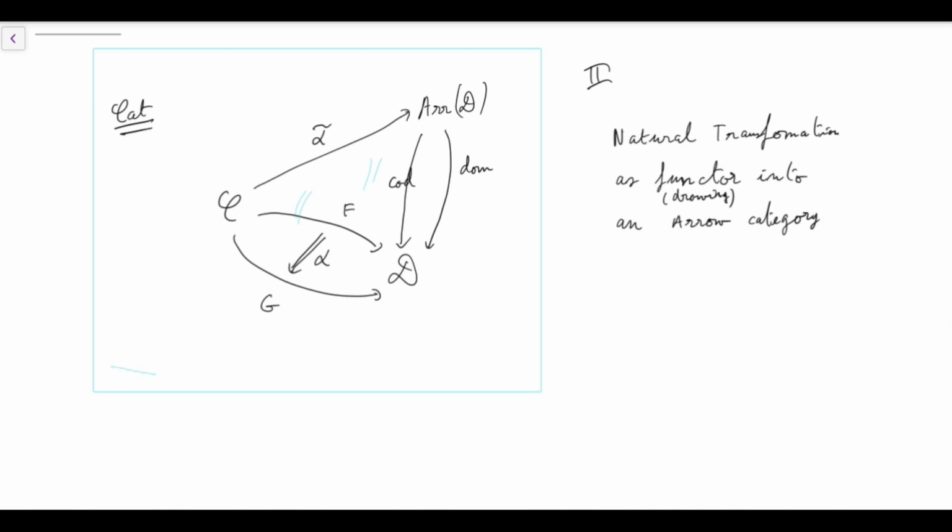So we would get back a more natural intuition about this. And this is a general phenomenon. Anyway, so that's another way of defining a natural transformation, one among many others.